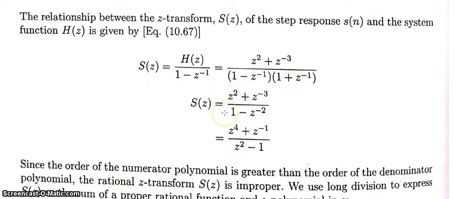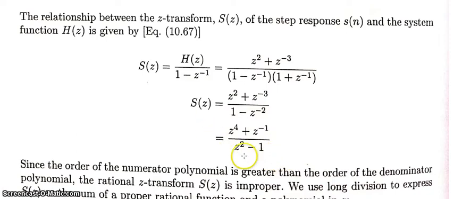Therefore, the denominator is of the form a plus b into a minus b. It is grouped as a square minus b square. So 1 minus Z raised to minus 2. Now the numerator and denominator are multiplied with Z square. So we get S of Z equal to (Z raised to 4 plus Z inverse) by (Z square minus 1).